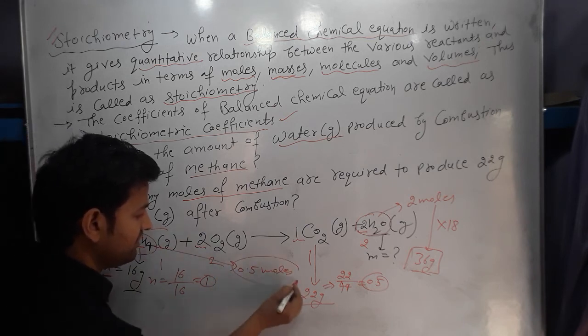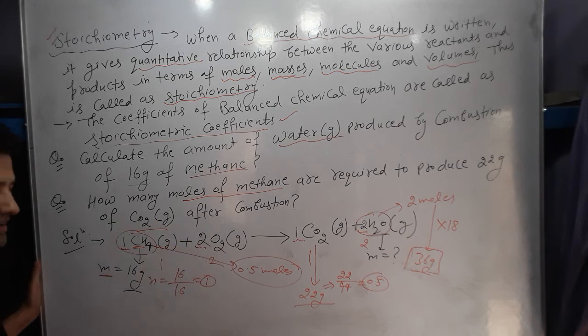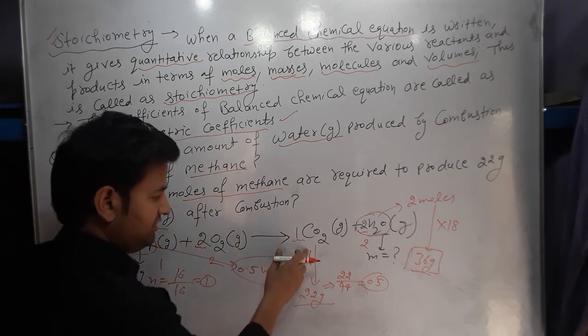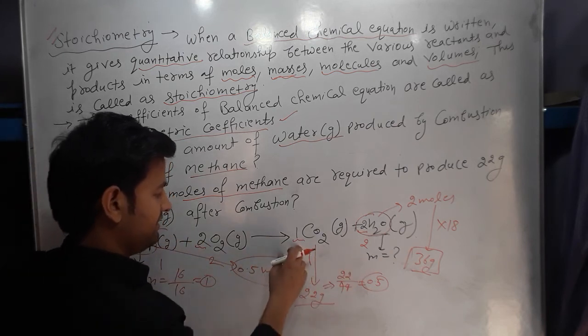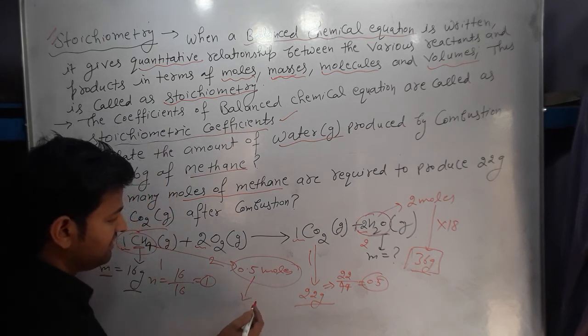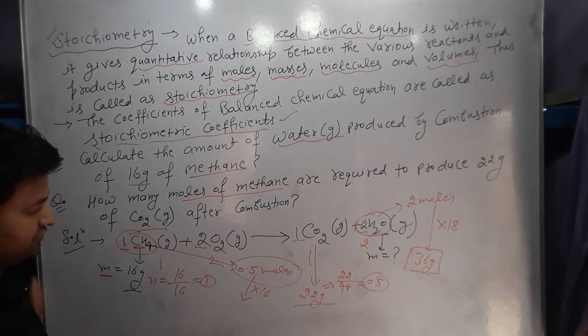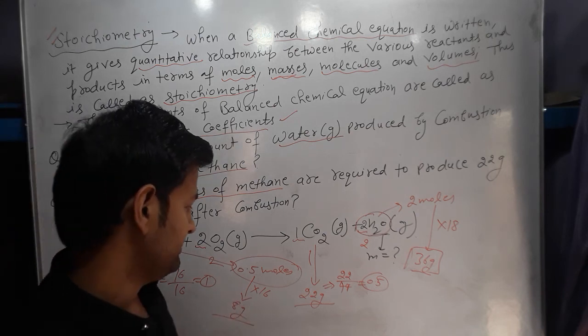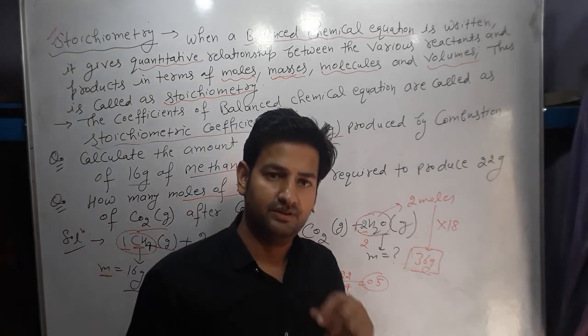So we can say that 0.5 moles of methane are required in the second question to produce 0.5 moles of carbon dioxide. If asked in mass, then we multiply by its molar mass, which is 16, so it is 8 gram. 8 gram of methane is required to produce 22 gram of carbon dioxide.